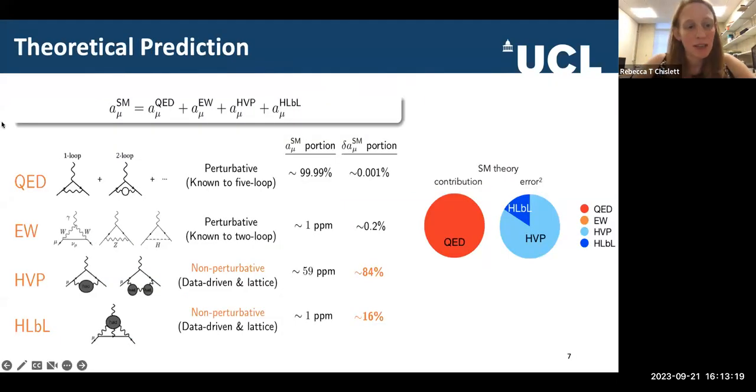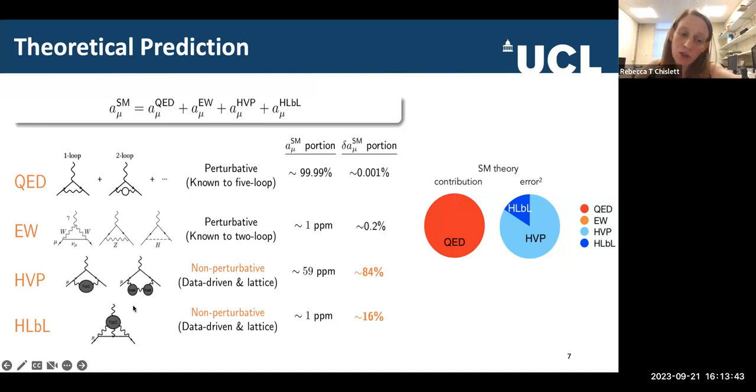Just to go back to the theoretical prediction, as I said, it has all these different components, and the dominant uncertainty comes from these 2 hadronic contributions at the bottom, which are divided into 2 sections: the hadronic vacuum polarization, which has diagrams like are shown here, and then the hadronic light by light.